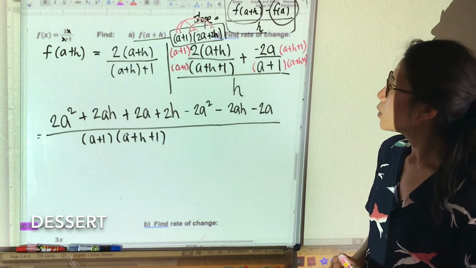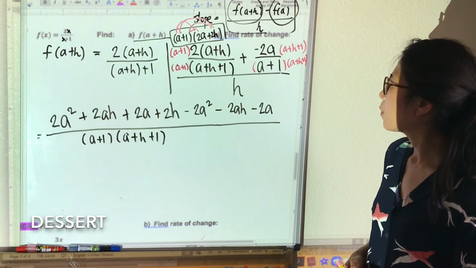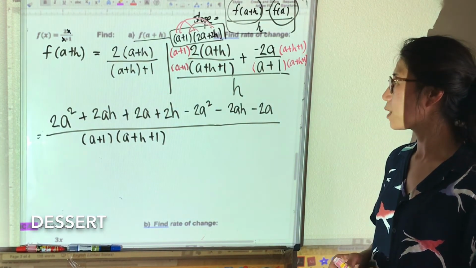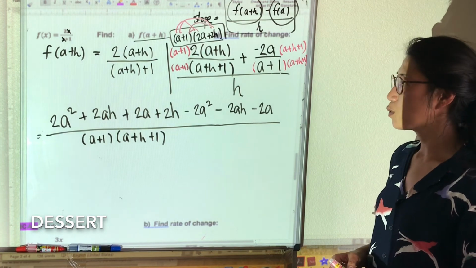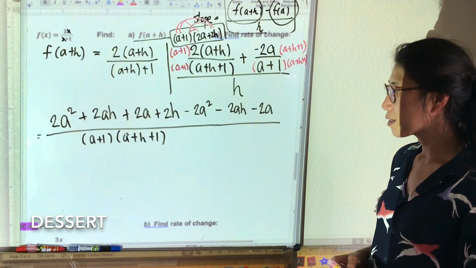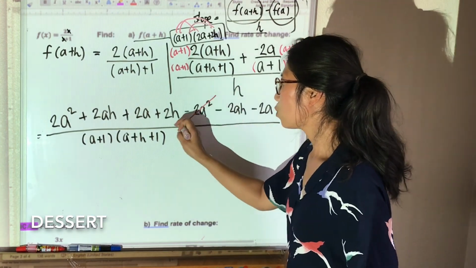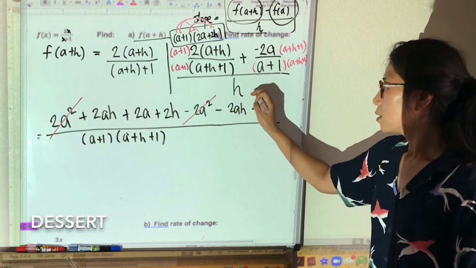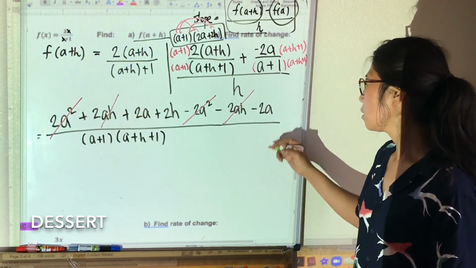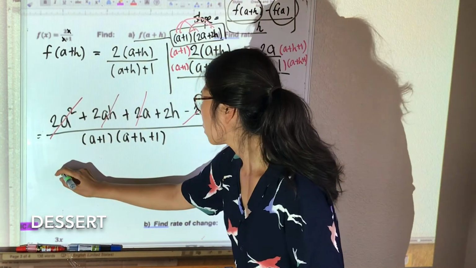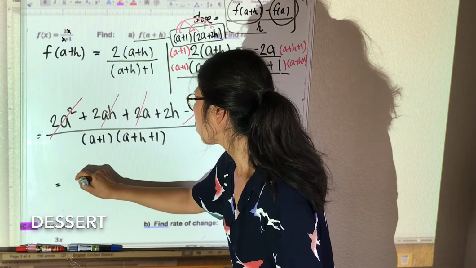All the mistakes that my students make is a negative sign here, so just be extra careful about your negative sign. If you did all these signs well, then you will notice that a lot of them will cancel out. As you notice, all the like terms will be cancelled out, and it's going to leave it as 2h.